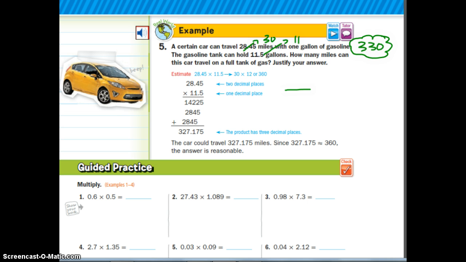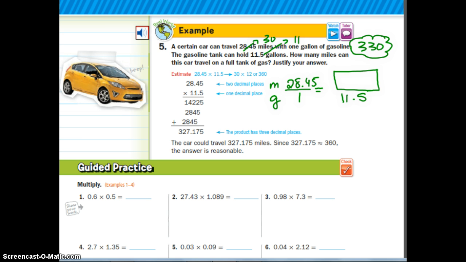Now, notice in this case we have a line equal line, and we have miles and we have gas. So we know we can go 28.45 on 1 gallon, and it holds 11.5 gallons. So we're looking for how many miles in 11.5.